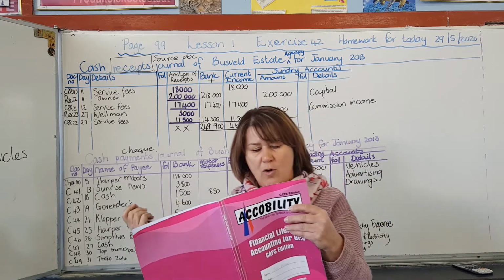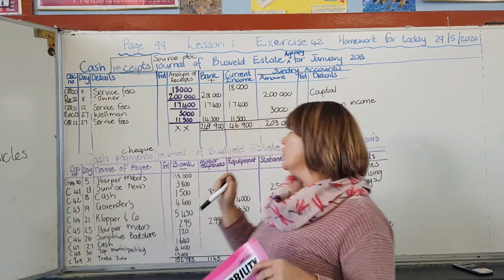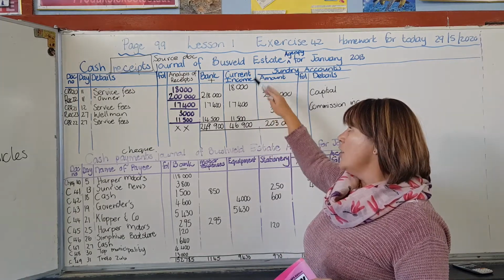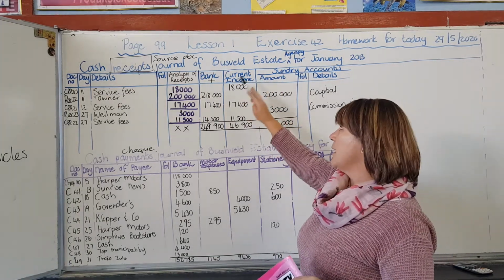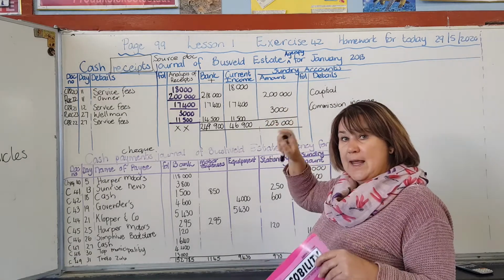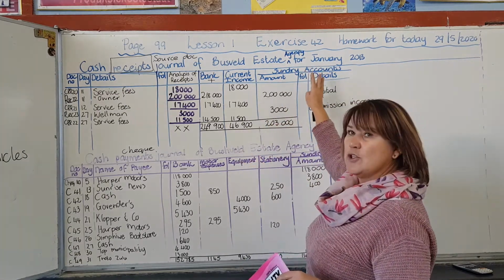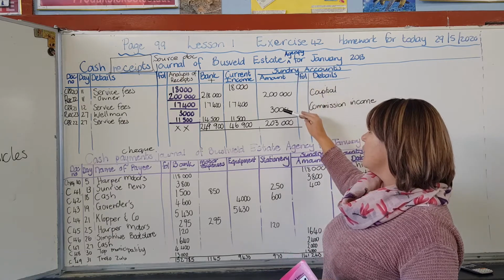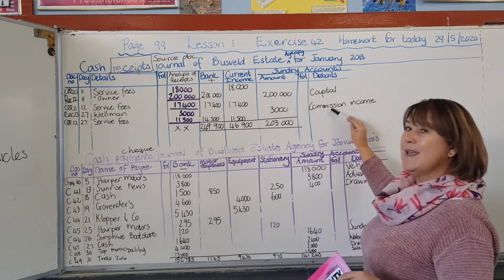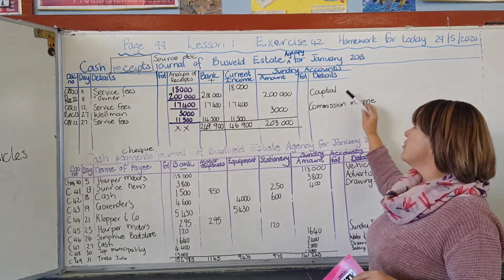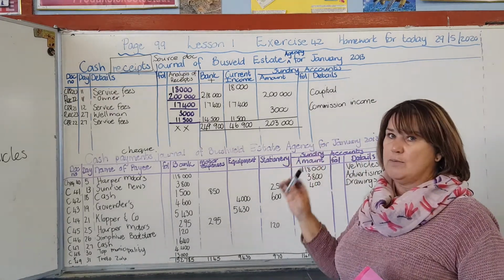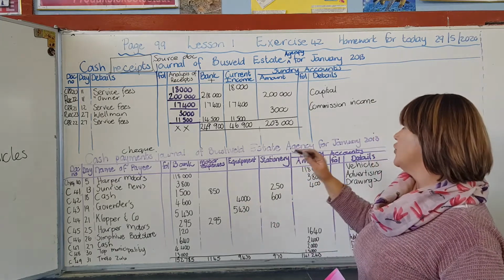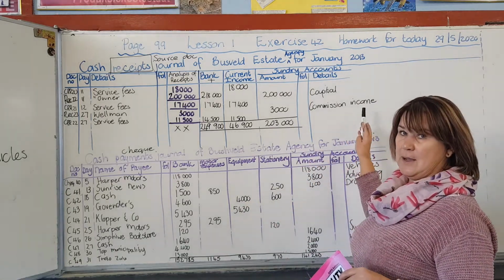It was for commission. You do not have a commission account column. The only columns you have are your bank and your current. So any other transactions must go to your sundry account. So you'll see in your sundry account amount 3,000 commission income. Please, you're not allowed to write only the word commission. They're going to say receive commission. You need to know it's commission income.